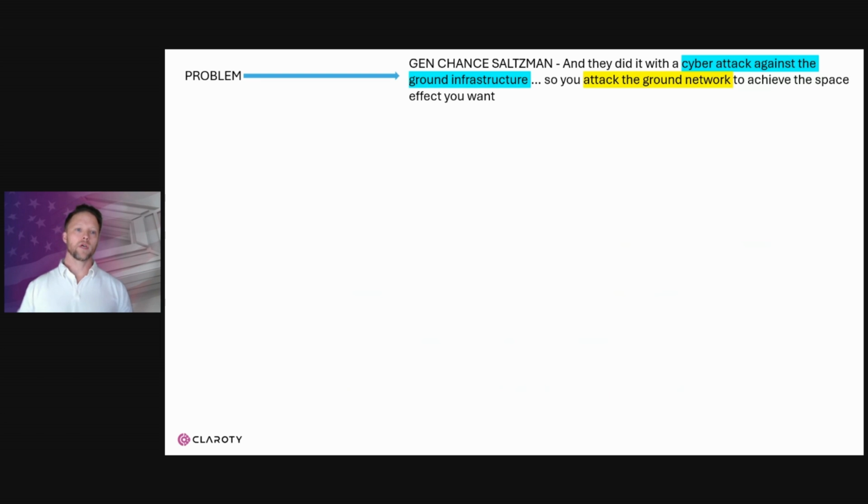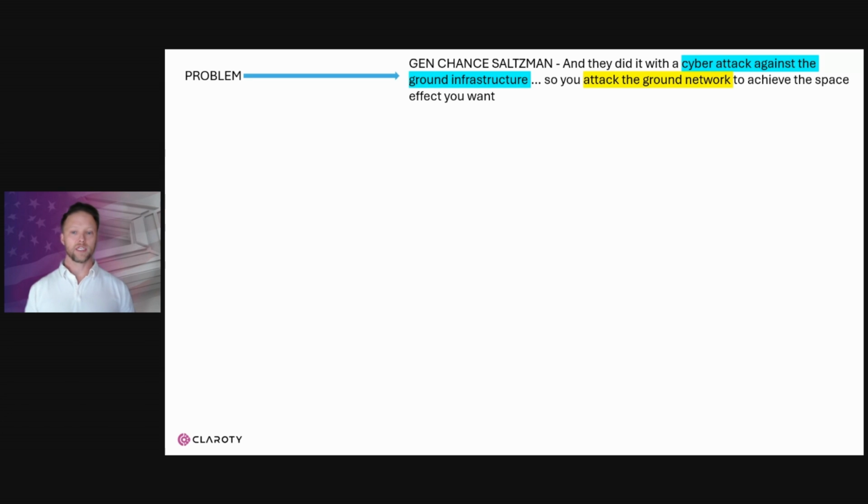So the problem with critical infrastructure, I think it was best summarized by General Chance Saltzman. He's the Space Force commander, and he noted an attack against satellite ground infrastructure that was able to take out satellite communications. So in this case, Russia was attacking ground infrastructure to take out satellite communications for troops in Ukraine.